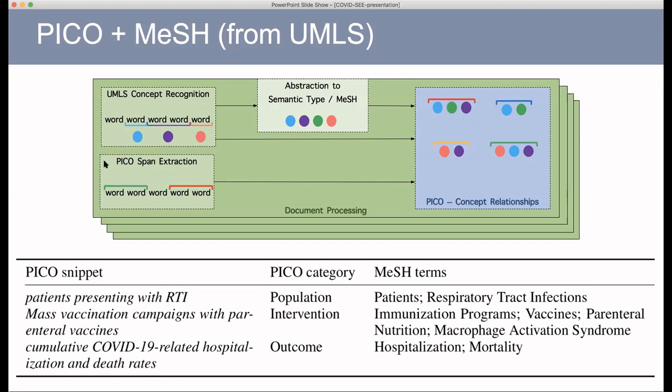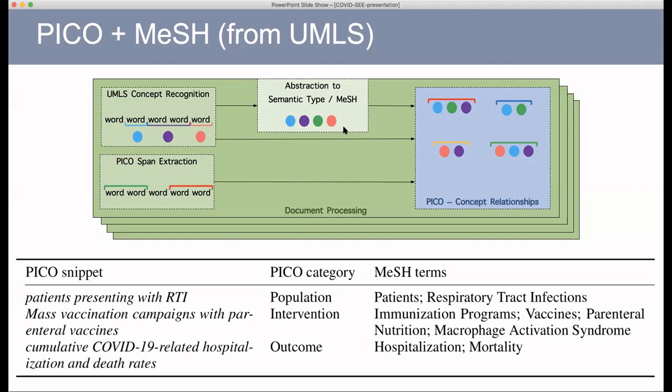And the basic idea was for every document, we did our PICO span extraction. We found where there were particular parts of the text that corresponded to those PICO categories. We also, in parallel, did our UMLS concept recognition and did some abstraction of that into medical subject headings.